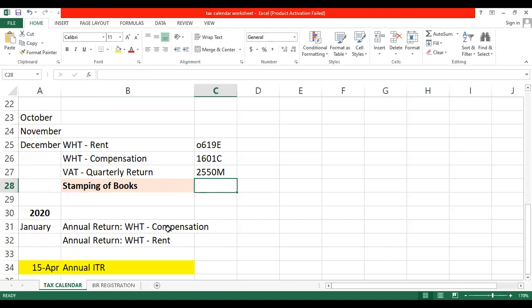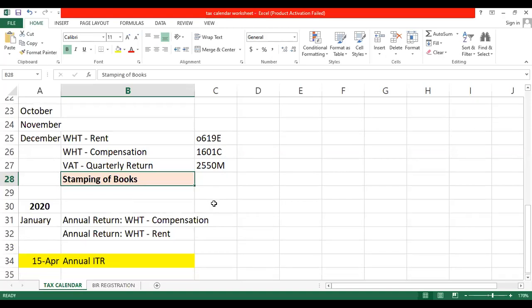What happens if you fail to have your books stamped? Then they would charge you again a 1,000 pesos compromise fee, because anyway, there's no tax due for this tax activity, and therefore, there will be no surcharge or interest.